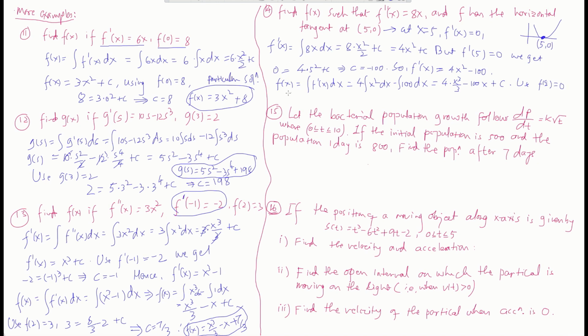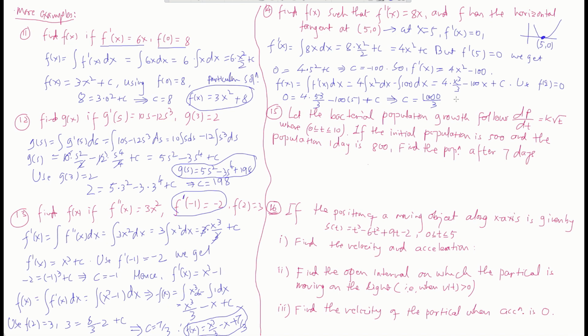What do you get? 0 equals, you replace x by 5, 4 times 5 to the third over 3 minus 100 times 5 plus c. If you use a calculator and solve for c, you will get c equals positive 1000 over 3.